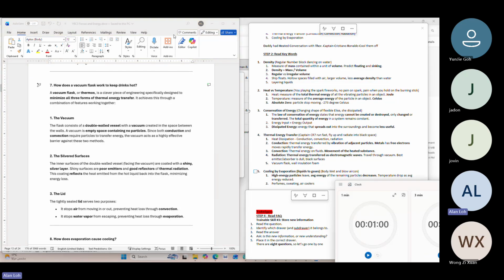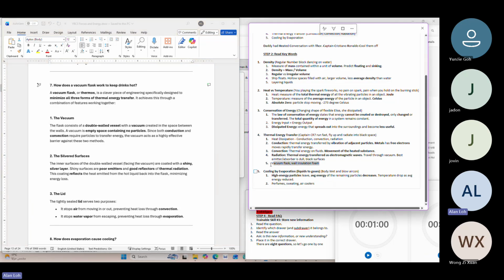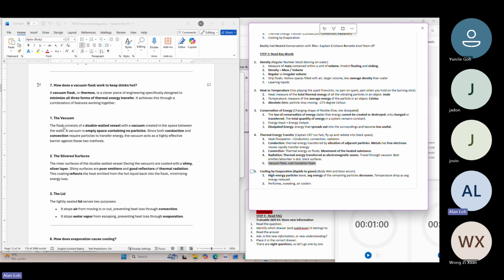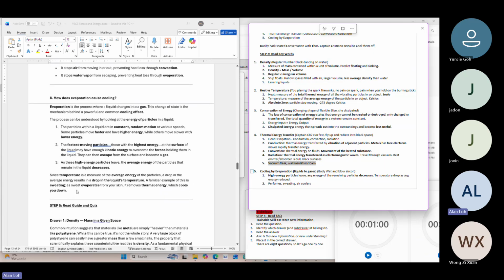Okay, this is drawer number 4. Right, drawer number 4, where it is explaining the applications of thermal energy transfer. So which is this part. You have the vacuum, you have the silver surface, you have the lid. Right? Okay, last question in these steps. Obviously, this is drawer number 5 because the name tells you that it is evaporation. So let's start now.